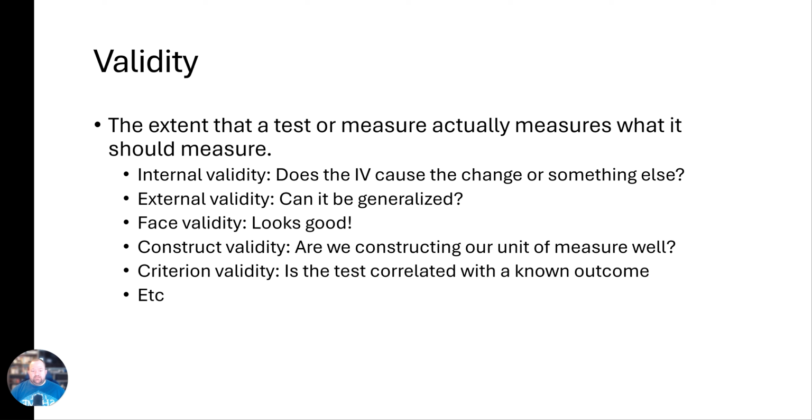Criterion validity: is the test correlated with a known outcome? So we have this test that assesses depression, and we can link it with, let's say, therapeutic outcomes, and see that the test reliably shows an increase in happiness, a decrease in depression. That's how you'll get the criterion side of things.